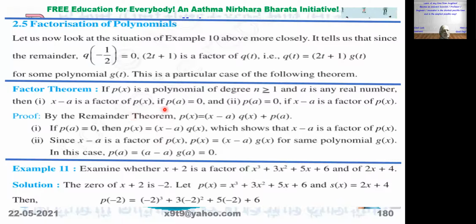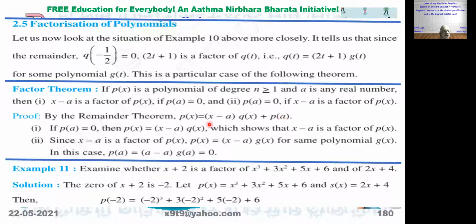By the remainder theorem, P(x) we can write as (x minus a) into Q(x) plus P(a). So, P is a function of x, x minus a is the divisor, Q(x) is the quotient and this is the remainder, particularly when x is equal to a.